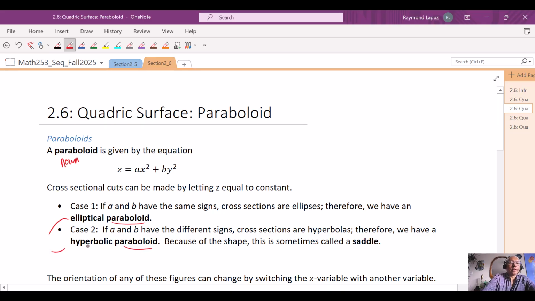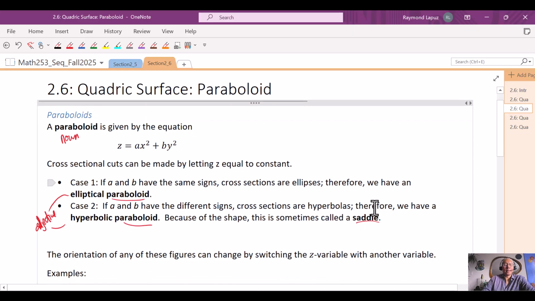If the cross-sectional cuts are hyperbolas, we will call it a hyperbolic paraboloid. So our adjective will essentially describe what cross-sectional cuts we have. And when we look at our example of a hyperbolic paraboloid, you'll see why it's called a saddle.